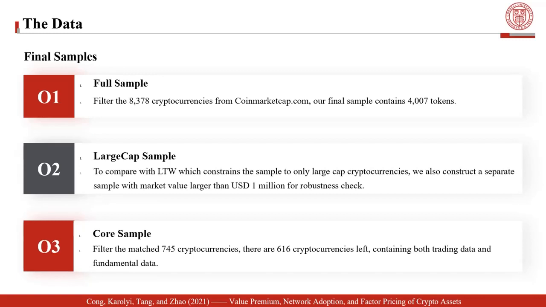Just for comparison with the earlier study of Liu and Tsyvinski, we also follow them to construct a large cap sample where we only include cryptocurrencies with market value bigger than $1 million US. And then for the data with characteristics, 616 of them, we call that our core sample.